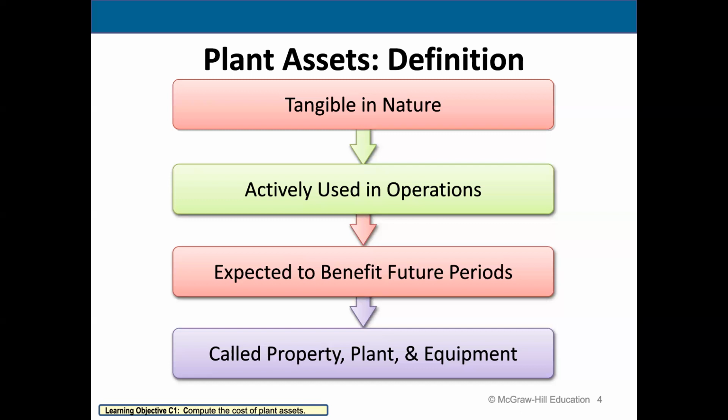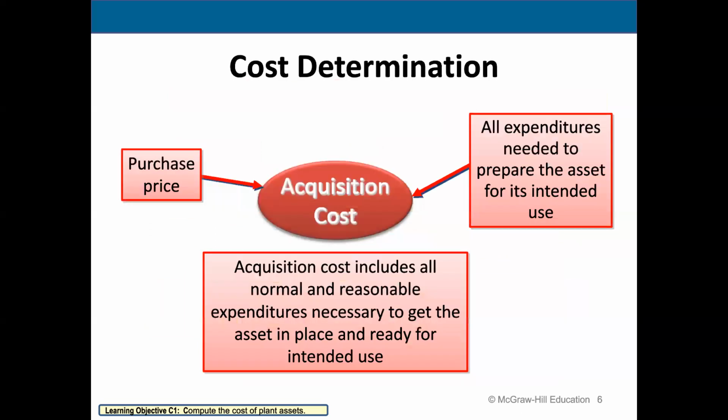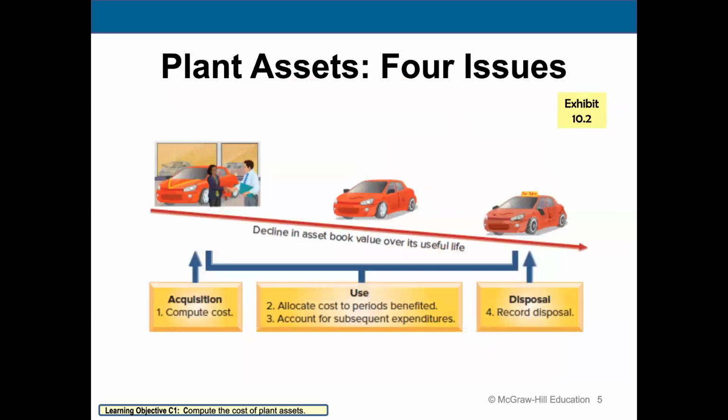So the first, I don't know if it's a challenge, but something we have to figure out is how do we figure out the cost? Well, okay, so I'm skipping ahead. These are the four issues that the textbook lays out.